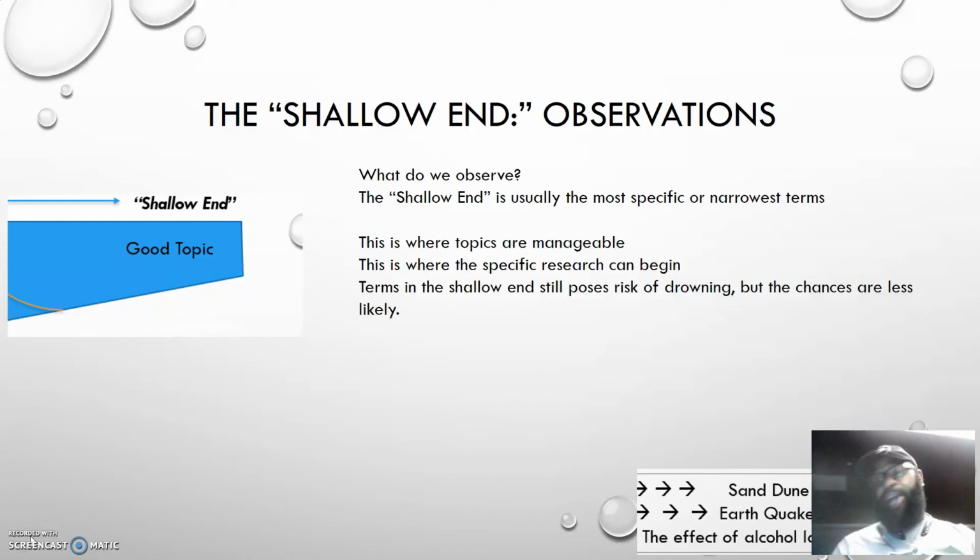There is a chance of drowning in the shallow end, even if it's 3 feet deep. However, those chances aren't as likely because you are now focusing your topic on something more specific and you have a better guideline. If you need to go a different direction, you can always do that. But at least in the shallow end, you are more likely to succeed in your research. All right, guys? Great.